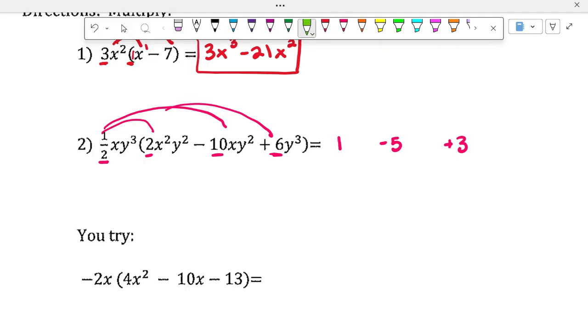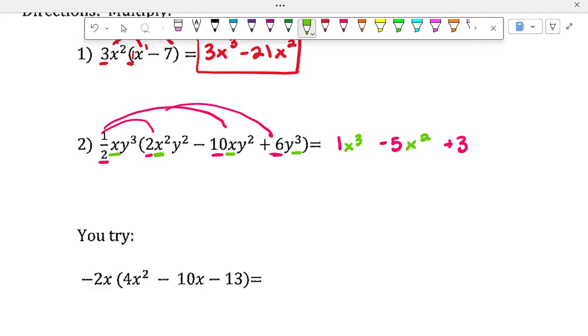Now I'm going to multiply the x's together. Even though there's no x here, we still got to assume that it's going to be there. So let's look at the first one. What's x times x squared? X cubed. X times x? x squared. And then what's x times 1?